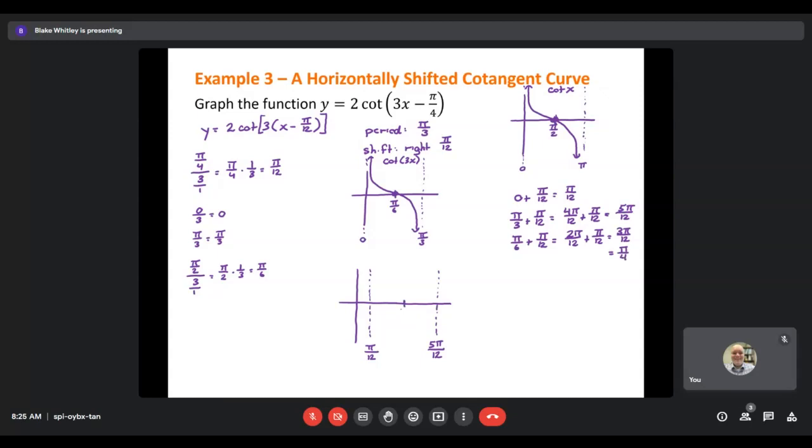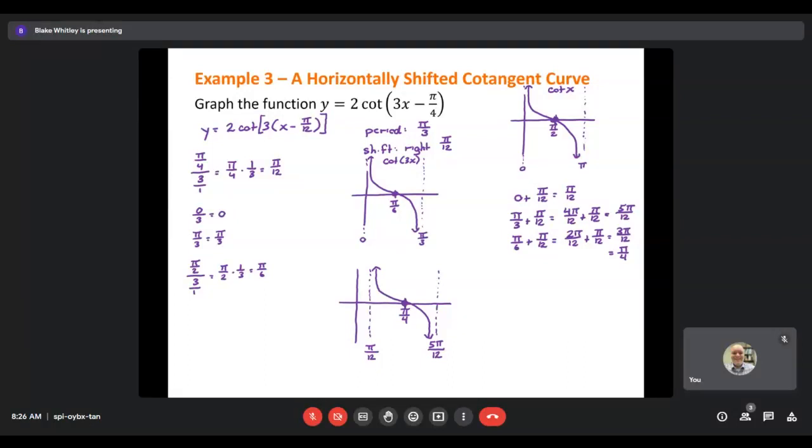So this x-intercept here should be pi over 4. Now, once we have all of that information, we know it's decreasing from left to right. And there we go. And so that right there is our final answer.